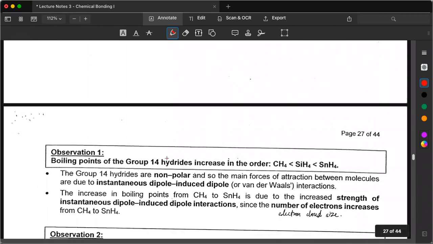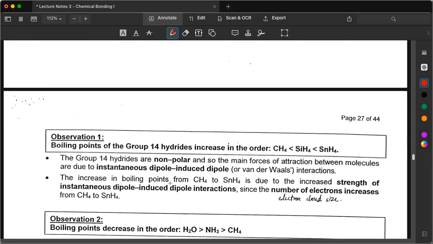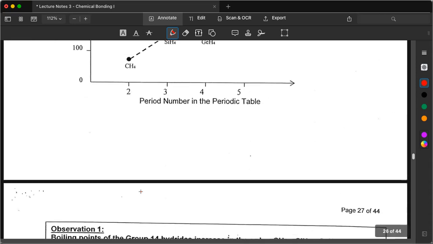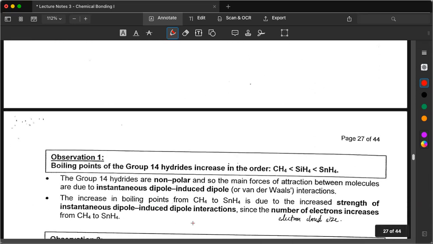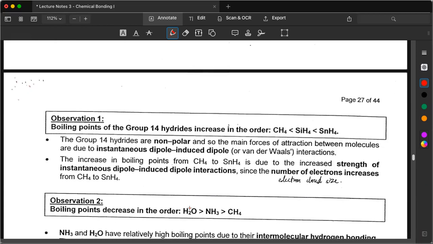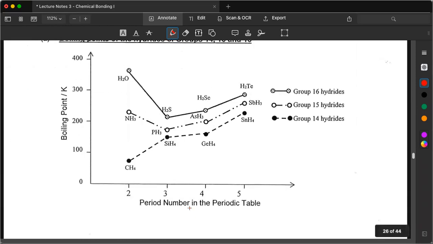The dipole moment is 0. So the main forces of attraction is ID-ID. Okay, we also accept van der Waals, but ID-ID is preferred. The increase in BP from CH4 to SnH4 is due to the increase in strength of ID-ID interaction because the number of electrons increases.